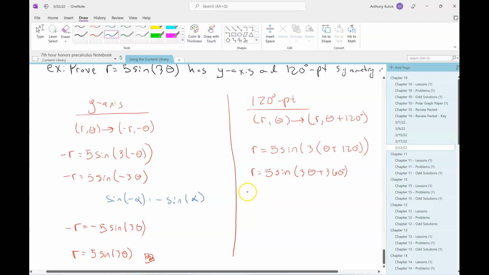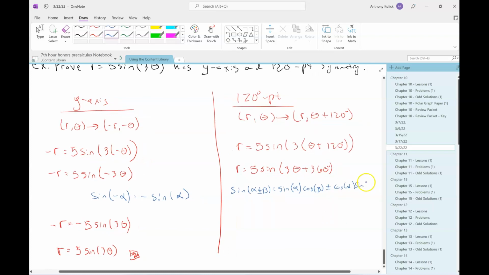So the one that I'd be using is that sine of alpha plus or minus beta is, we'll do the big version, sine alpha cosine beta plus or minus cosine alpha sine beta. So that's the identity that I'm going to use. So I get 5 sine 3 theta cosine 360 plus 5 cosine 3 theta sine 360.